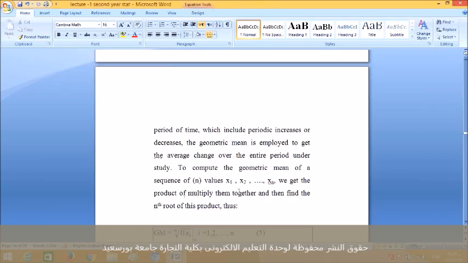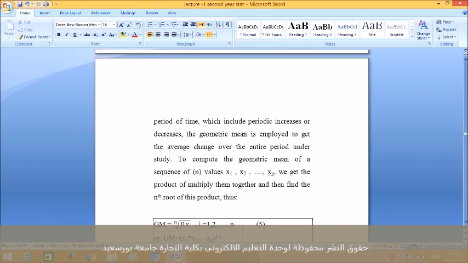Thus GM equals the nth root of the product of xi, where i equals 1 to n. Or you can say that GM equals x1 multiplied by x2 and so on, to the power 1 over n.